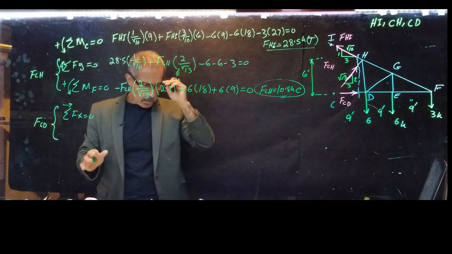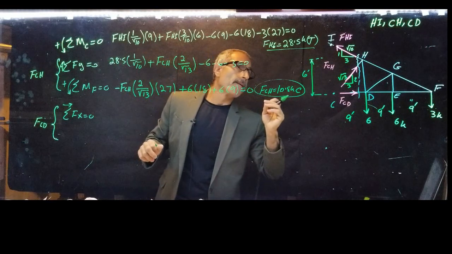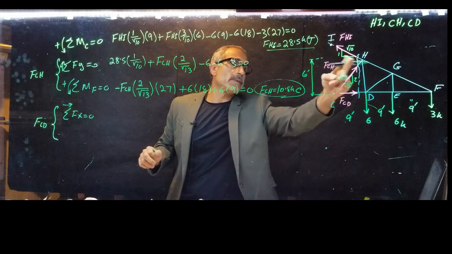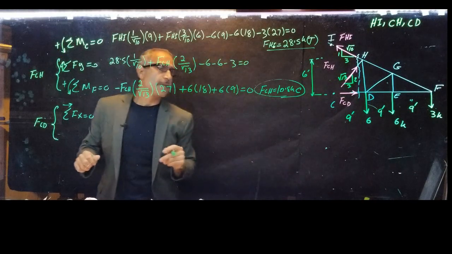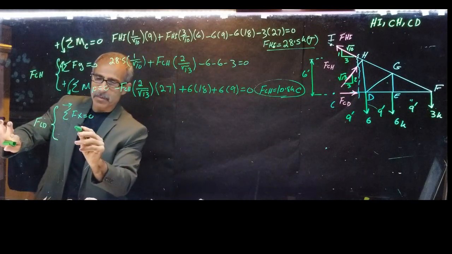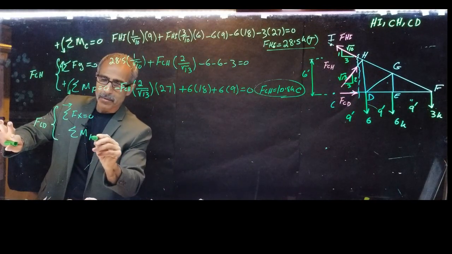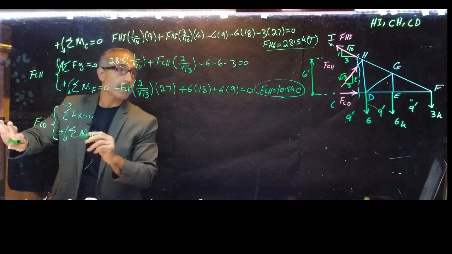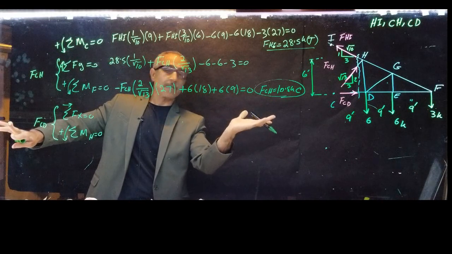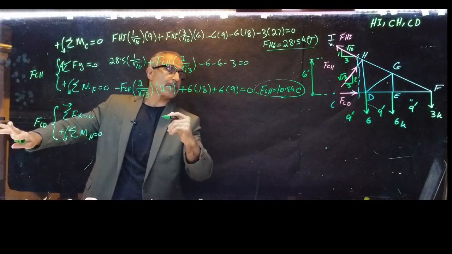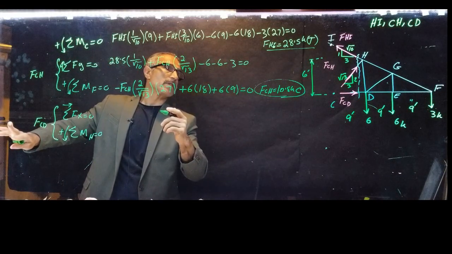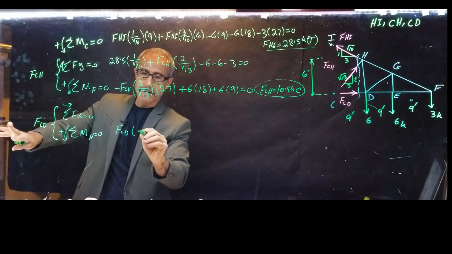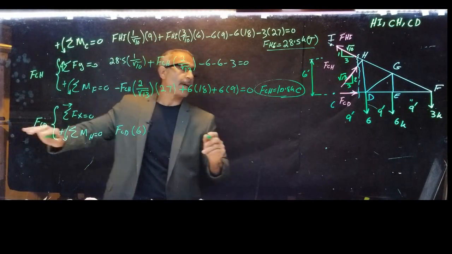What if we take a moment about point H? It's going to eliminate this and this, so all I have is FCD. Summation of moment about point H equals 0. Let's go counterclockwise positive. So I have that force going positive, so it's FCD times 6, and this is nothing.